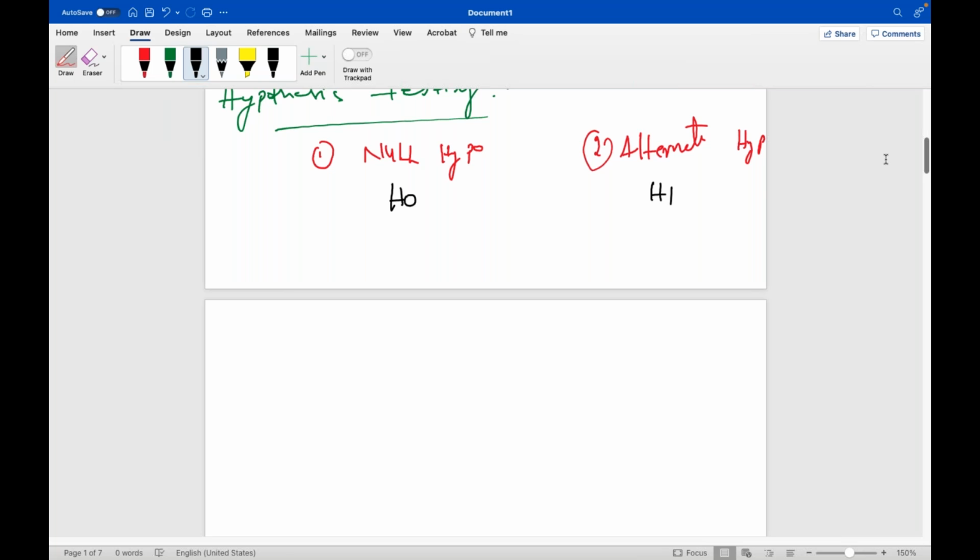The null hypothesis is whatever we already have as true, and the alternate hypothesis is a new claim, something new that we are trying to prove.